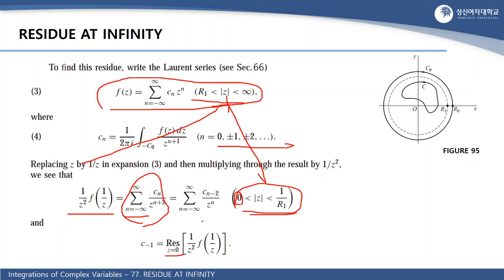In expression 4, by inserting 1 for n, we get this C negative 1.